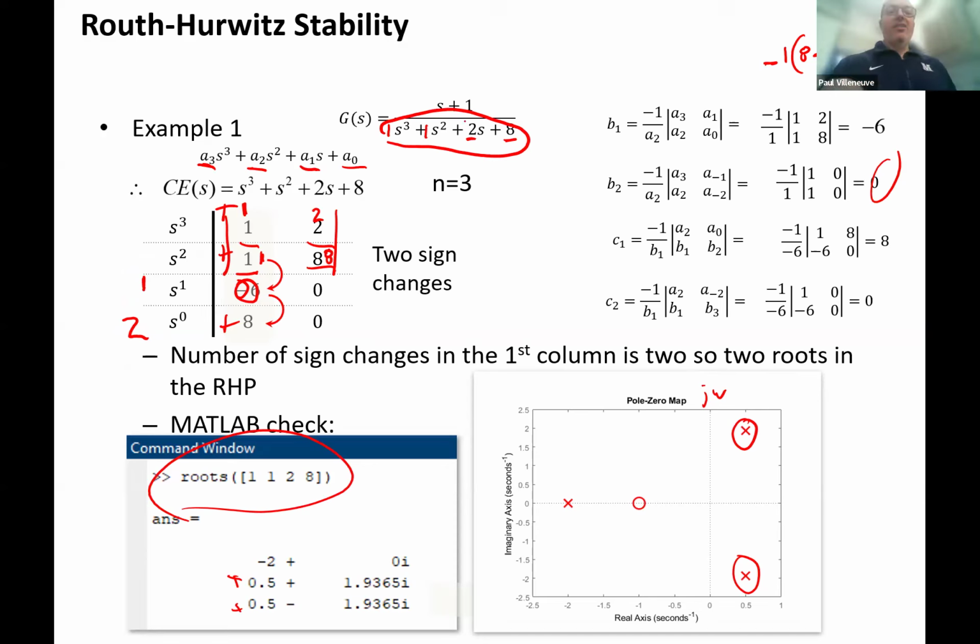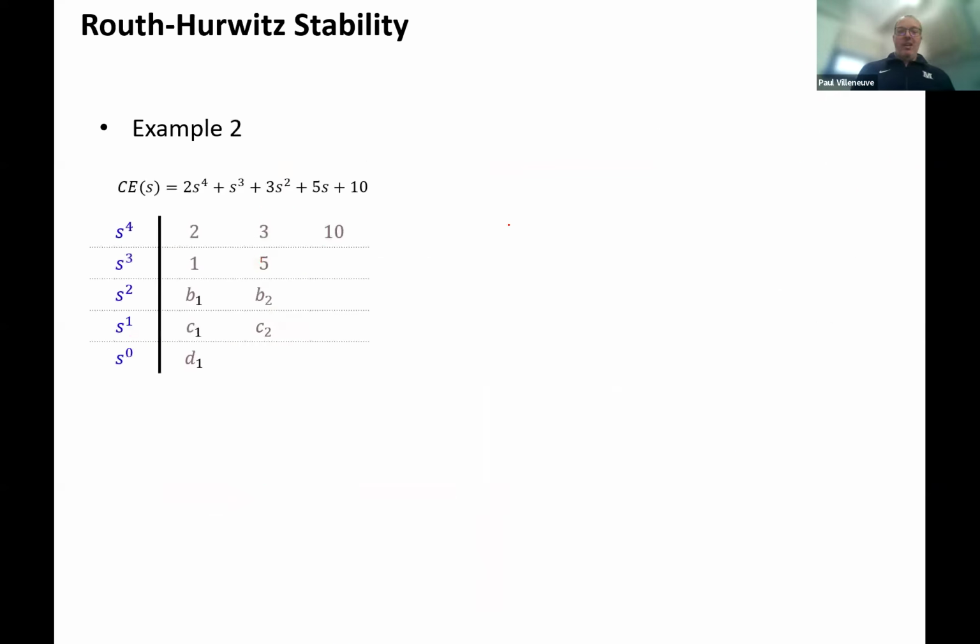What if I changed it so that this is not 2, but some variable k? Now I want you to pick a value of k that results in a stable system. Can you put that in MATLAB? No, you cannot. So the real reason why we do the Routh-Hurwitz is it's a design capability.